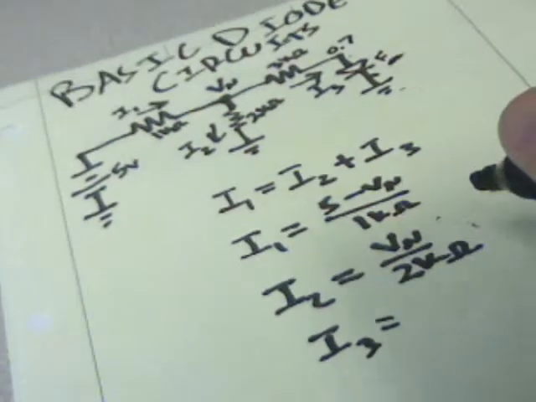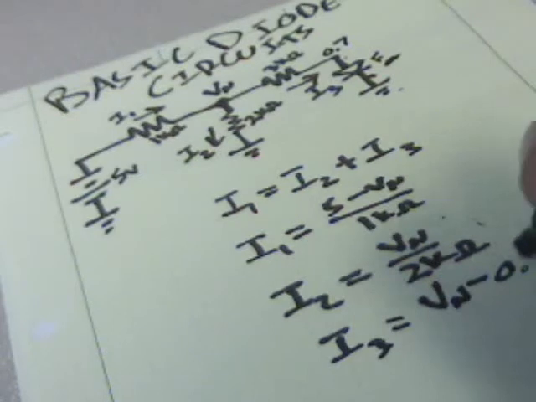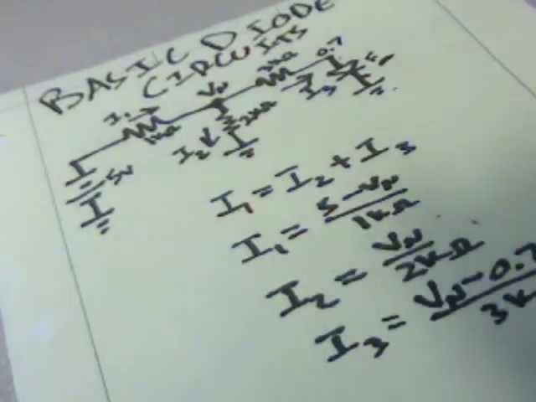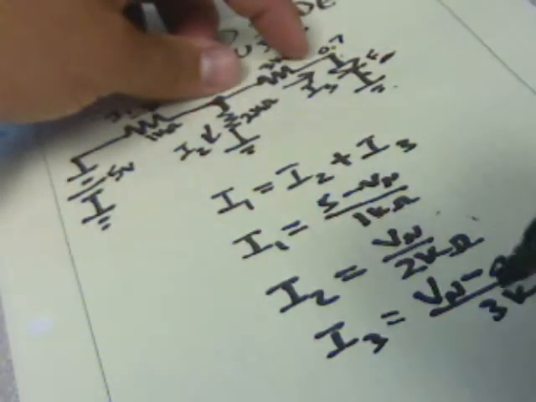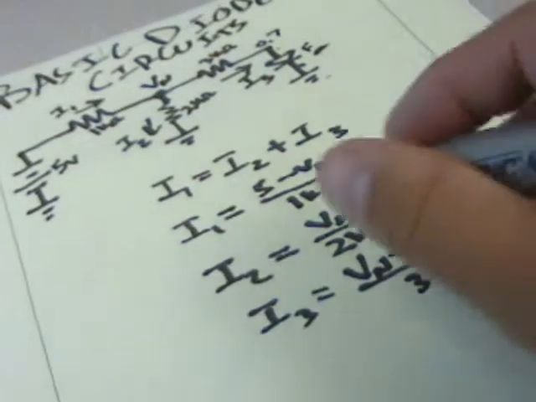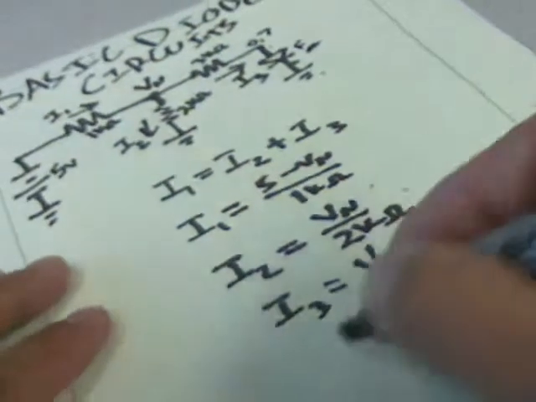And we can write that like this. We can just say Vn minus 0.7 divided by 3K. That's the voltage drop across here. Vn minus 0.7, that's the voltage drop, divided by 3K. That's the resistance. And then we just plug all 3 of these back into this one and solve.